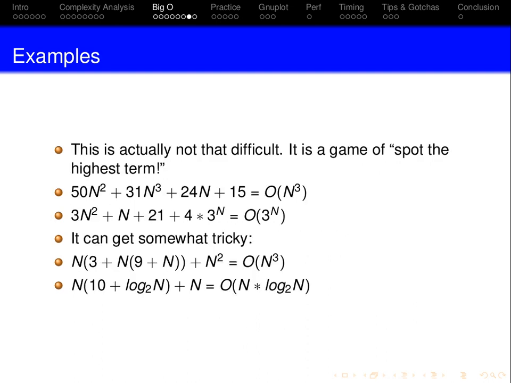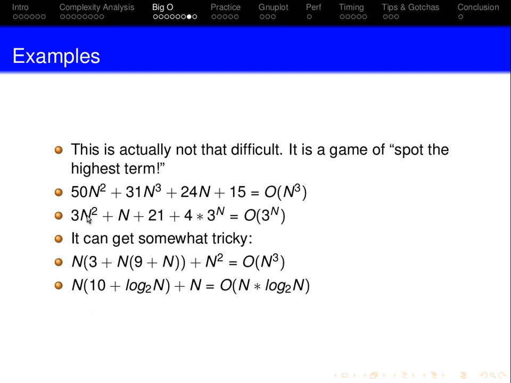It's really a game of spot the highest term. For example, the first one is n cubed. Why? Here's the highest term, right here. Notice that big O chops off the coefficient in front of it, because we don't care so much about that either. It's really just what it's going to grow at.